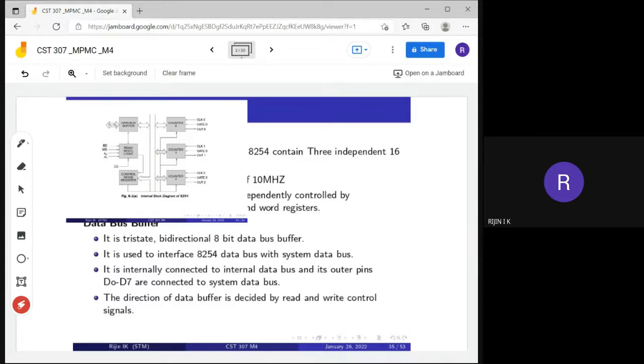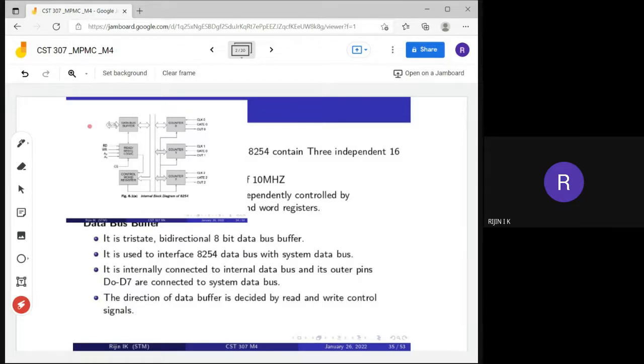The direction of the data flow is decided by the control signals received from the microprocessor, that is the read control signal or the write control signal. Based on these two control signals, the data flow happens, whether it is from the microprocessor to the 8254 IC or from the 8254 IC to the microprocessor.